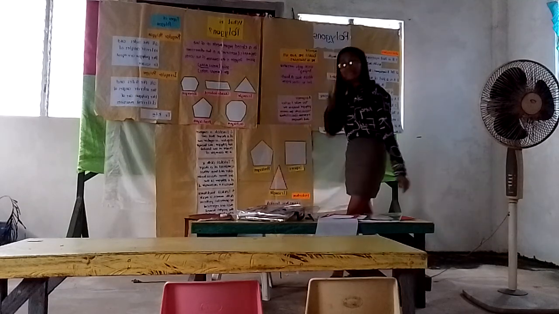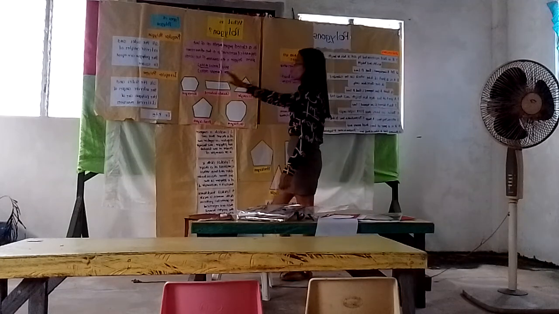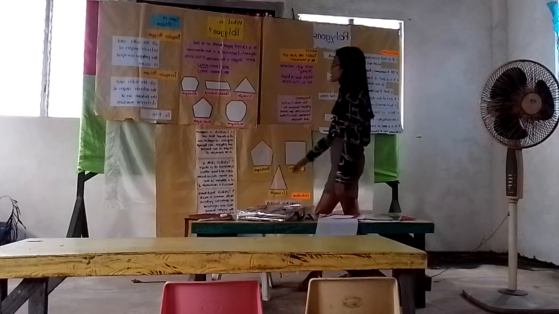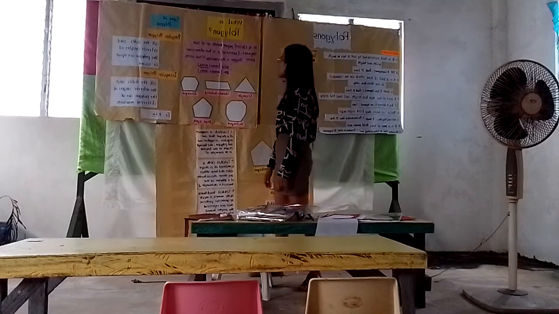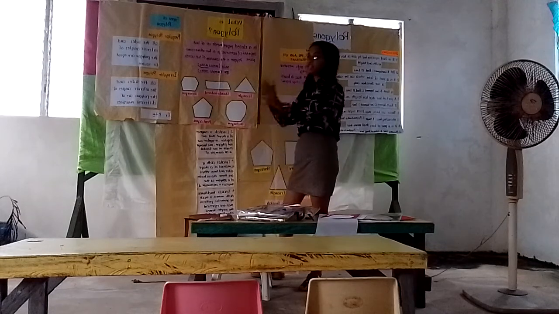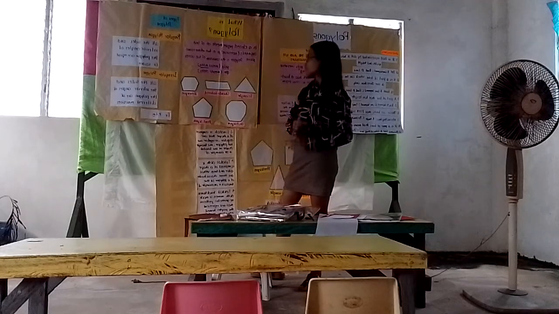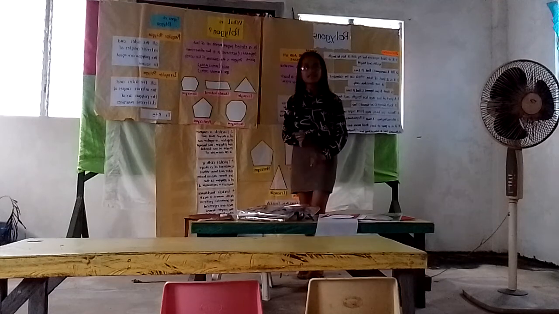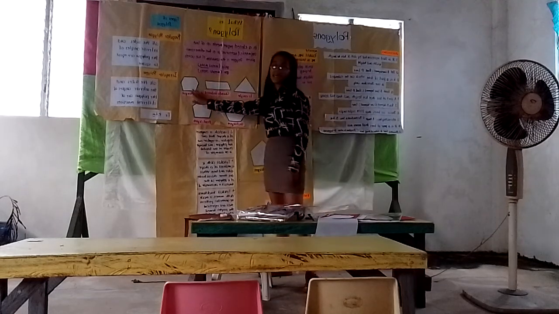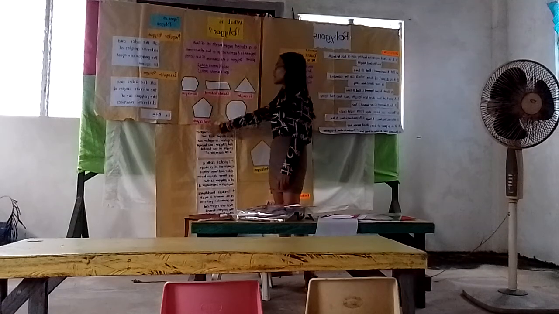So our topic today is all about the polygon. A polygon is a closed figure made up of segments. The word polygon has two parts: poly means many, and gon means side. Examples of polygon are triangle, quadrilateral, hexagon, octagon, and pentagon.